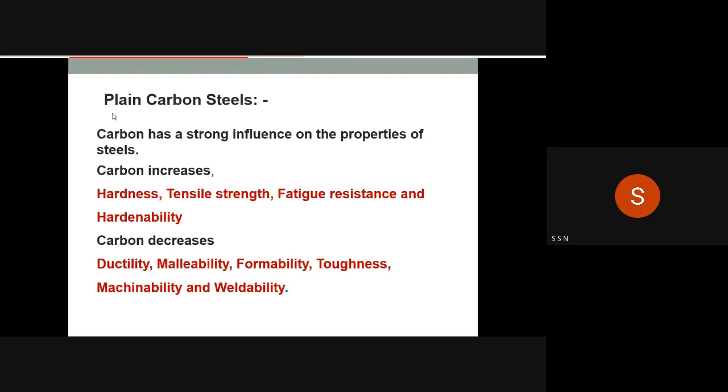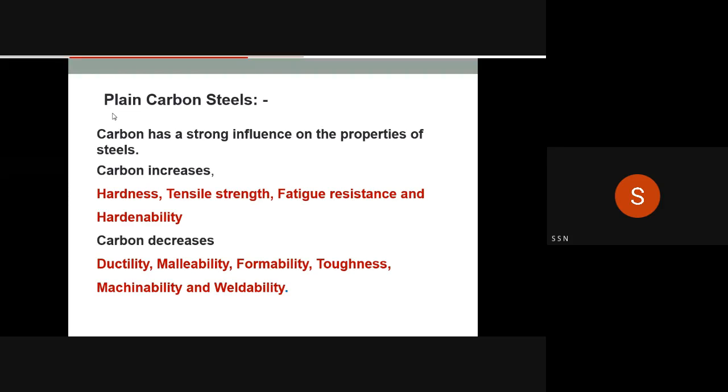Hardenability means the effect of heat treatment on the hardness of the steel. As you change the heat treatment process, there is a change in the hardness. You can increase or decrease this hardenability with heat treatment, and it can be improved with an increase in the carbon percentage.